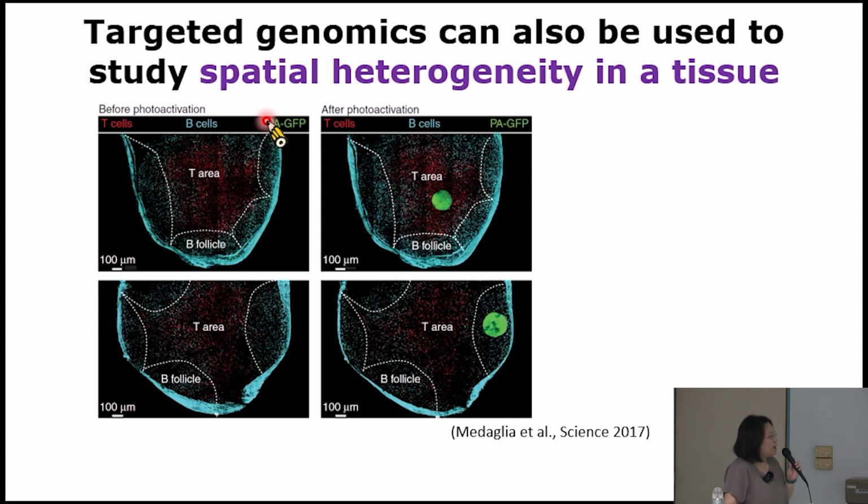Once they mark that, they can selectively photoactivate either the cells in the T area or the cells in the B follicle, and then isolate these cells and analyze what is being expressed and what type of cells these may be.